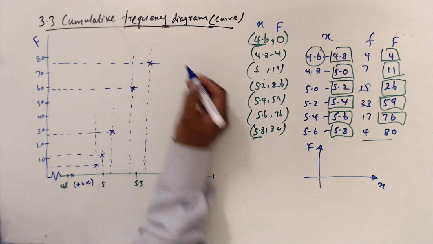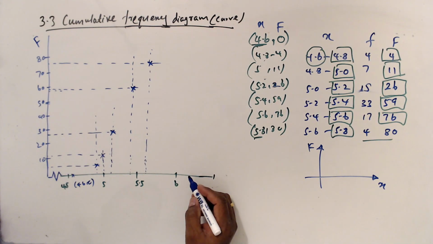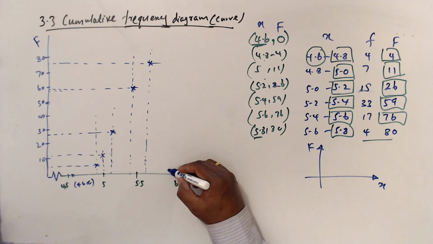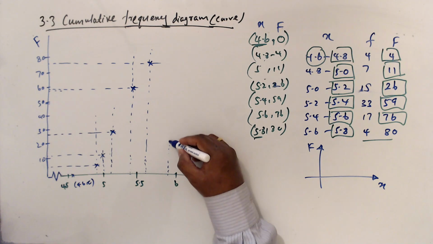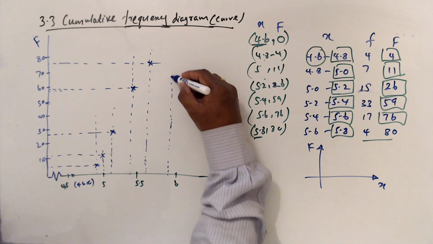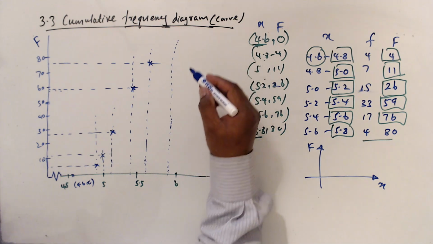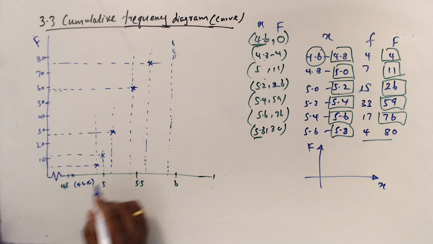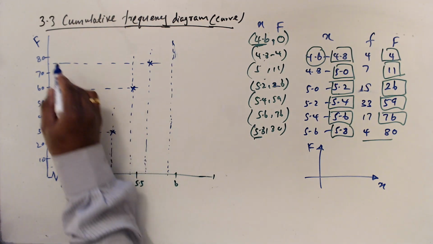So this is the curve, and 5.8 is going to be 80.